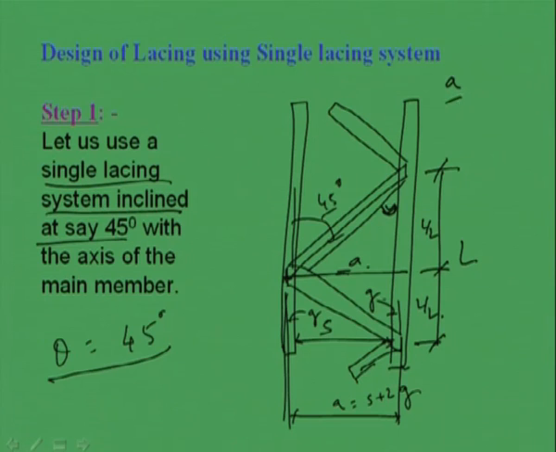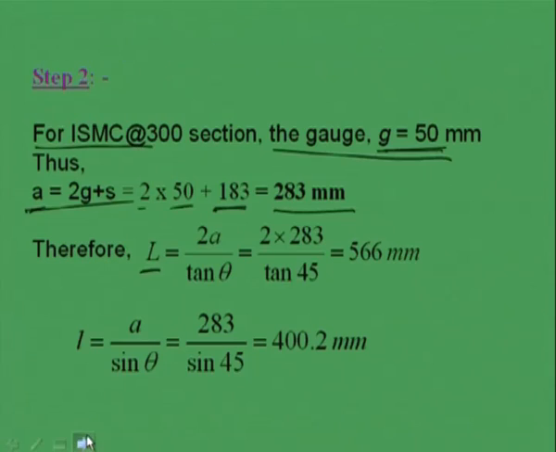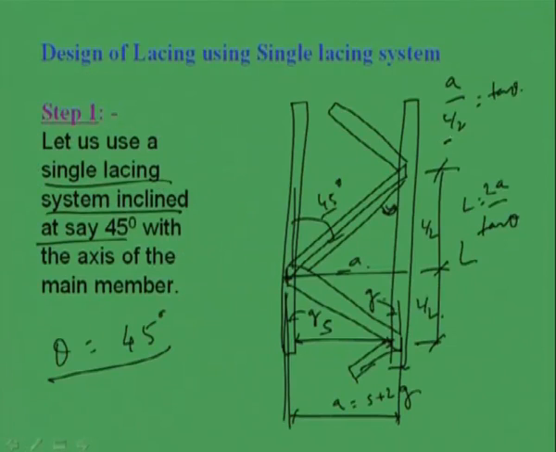So, A by L by 2 is equal to tan theta. So, we can find out L is equal to 2A by tan theta, right. The way we have found out L is equal to 2A by tan theta.